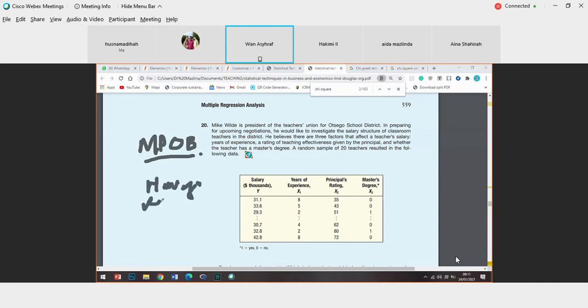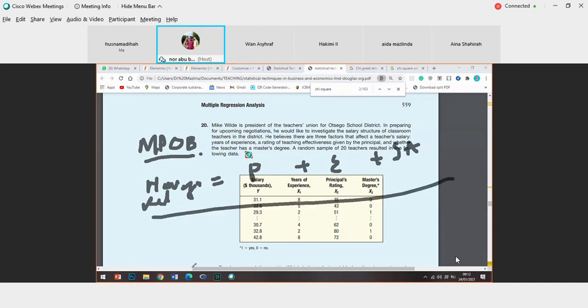Okey, harga kelapa sawit. So, harga bergantung kepada apa? Production, export, stok akhir. Okay. So, go for it.